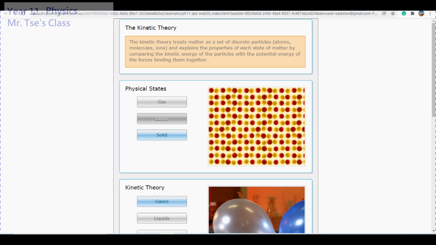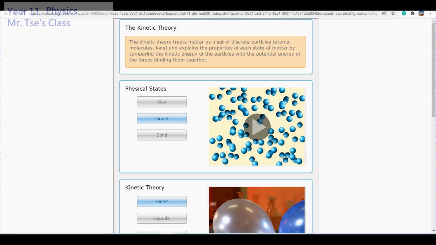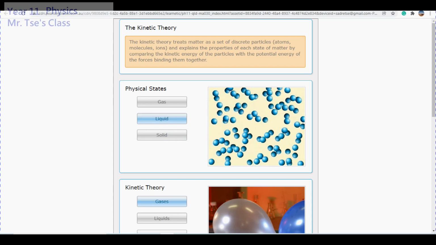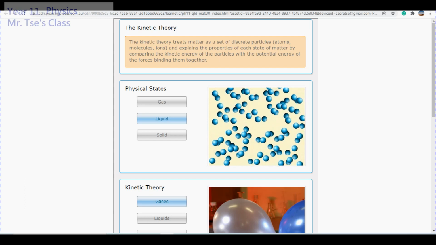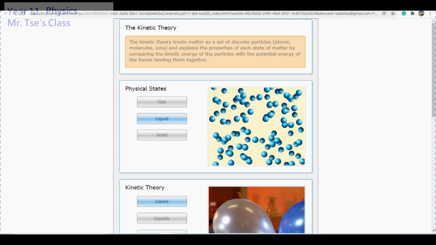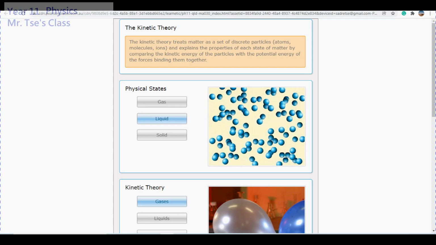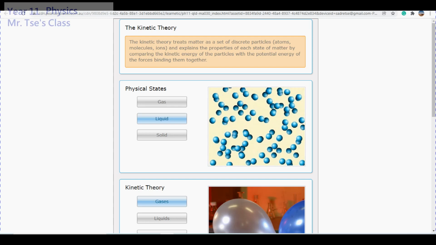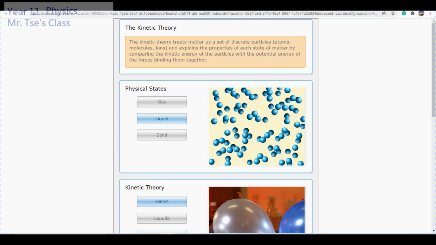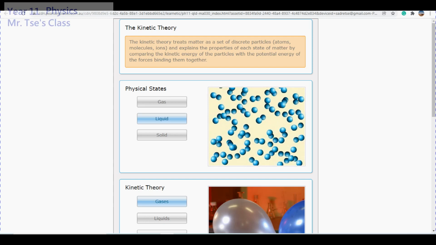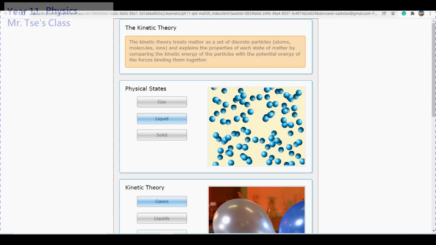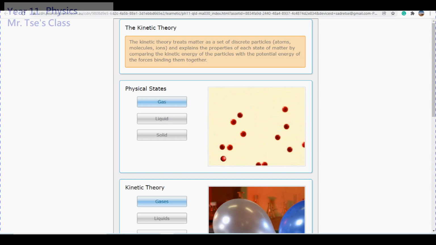So what happens in liquid? You see in liquids, the particles have more freedom to move around. But still the separation between particles is quite small. Even though it's bigger than in solid, they are still very close. And what happens in gas? So that's gas.